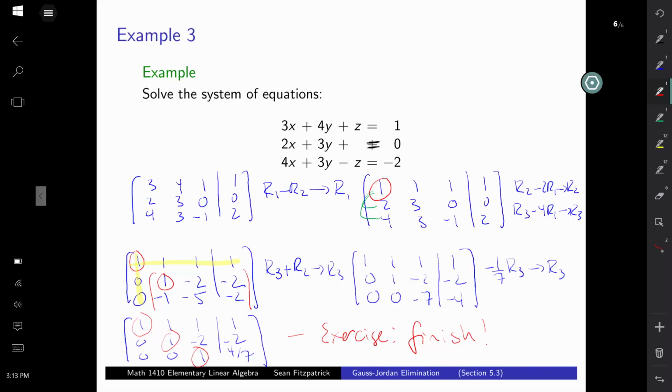You can finish off using back substitution. We know that z is 4 over 7 now. Work your way back. Or do you want to continue the row operations all the way down to a reduced row echelon form? It's up to you. You might want to try it both ways, see which one you like better, and that might inform your process going forward as to which method you want to use.